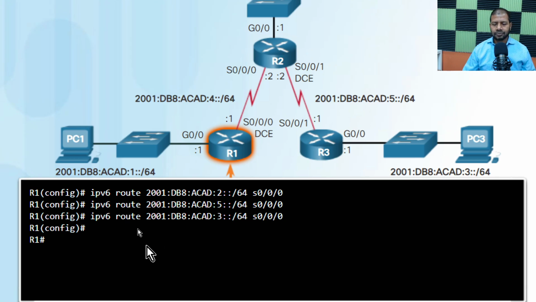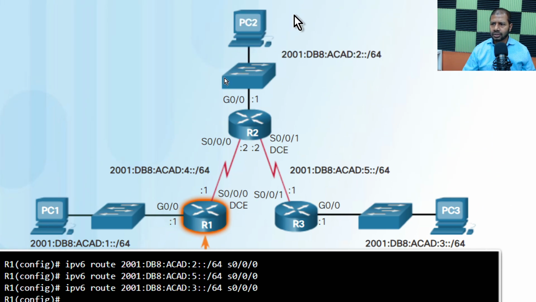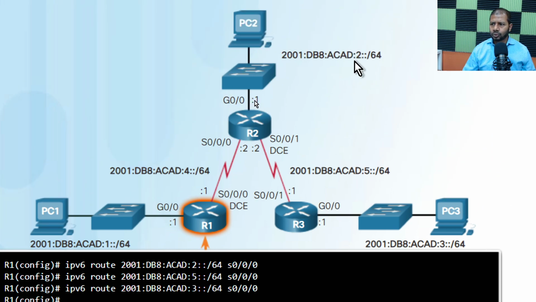So let's look at here. I'm writing an entry. This time I'm going to only specify which exit to go out through. So I'm saying IPv6 route, this destination network. Where is that destination network? Right here, all the way here. To go to this destination network, you know that I have to go via R2.